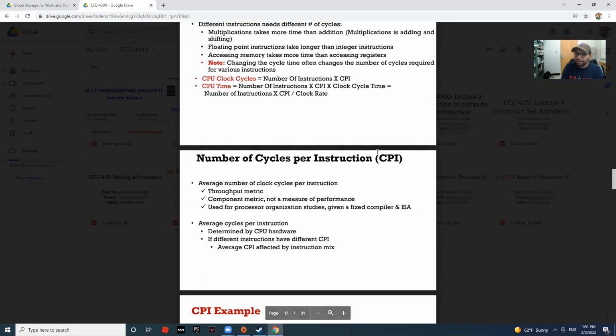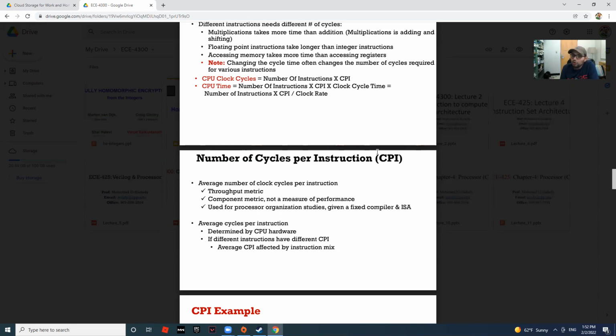So the CPI, as I mentioned, if you have categories of instructions, like your processor has a set of instructions running in 4 cycles, a set of instructions running in 12 cycles, then we go into averaging, which is the average number of clock cycles per instruction. This will be appreciated by calculating the throughput.